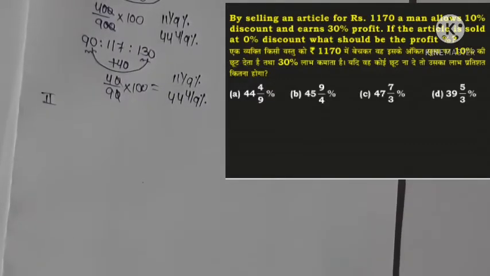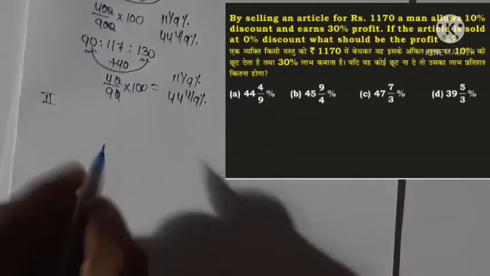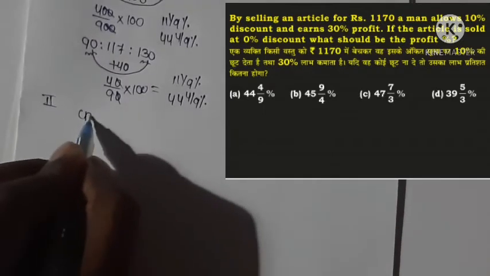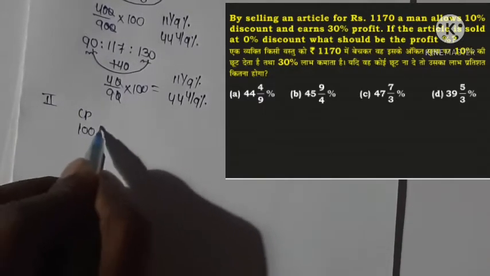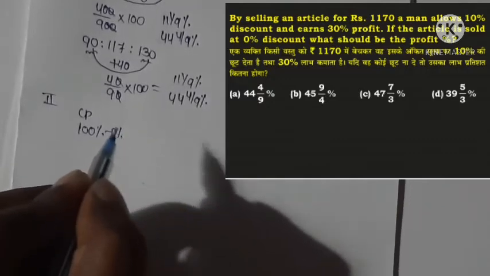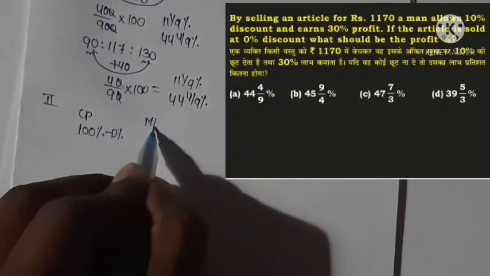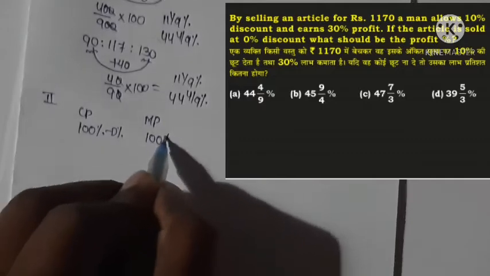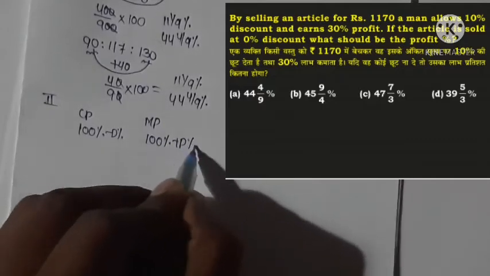The man allows 10% discount and earns 30% profit. So that means the cost price is 100% minus discount percentage. The market price is 100% plus profit percentage.